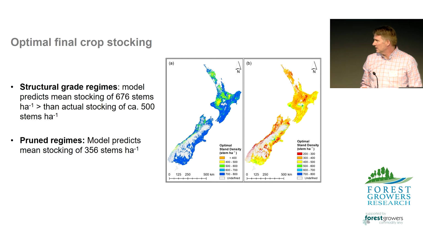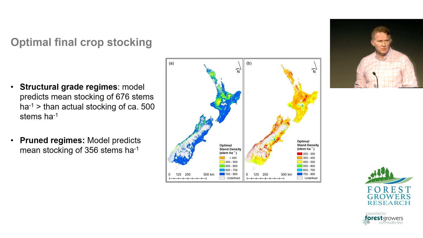When we did this, we were quite surprised to see that the model predicts a mean stocking of 676 stems per hectare across New Zealand, and you can see from here for the structural grade regimes that predicted values are very, very high, virtually everywhere, between 700 and 800. In most places, it does vary a little bit in the central North Island, but overall values seem to be largely above 500 and lower than 800.